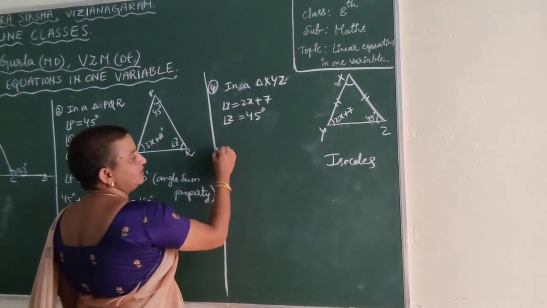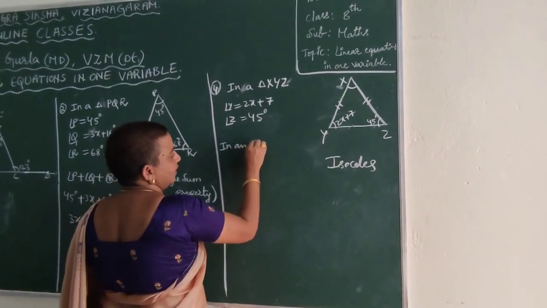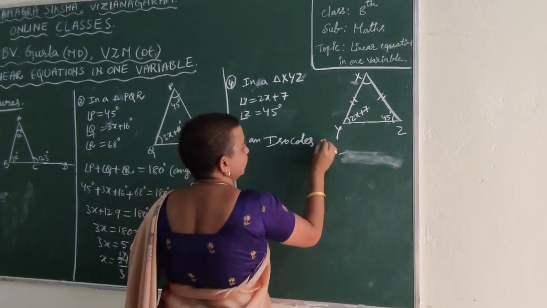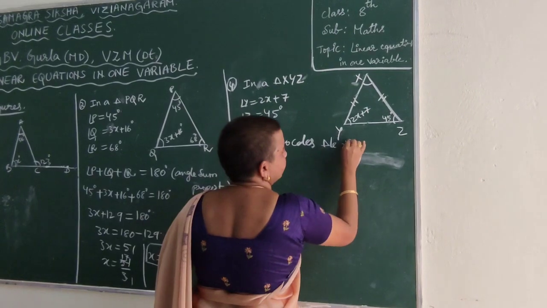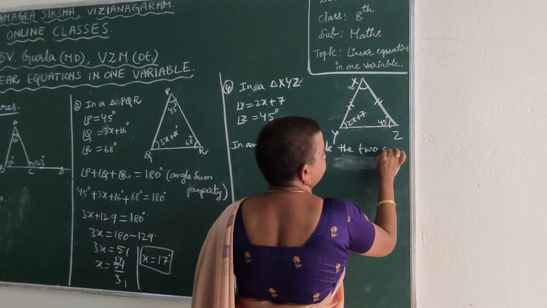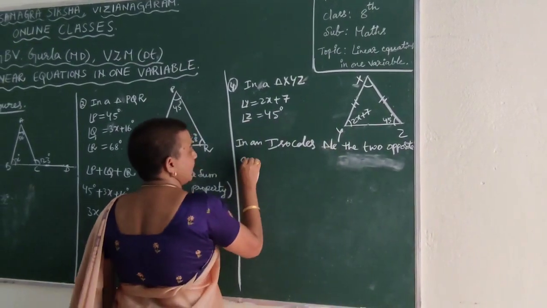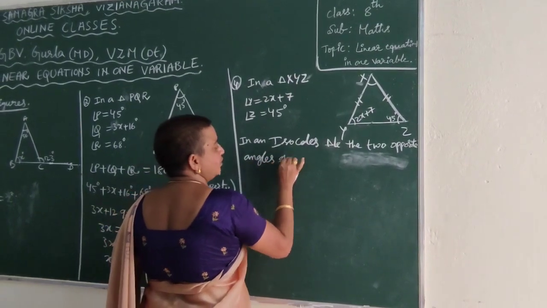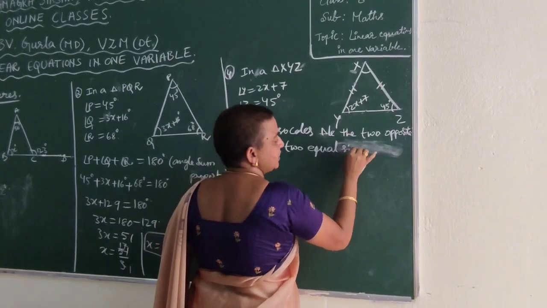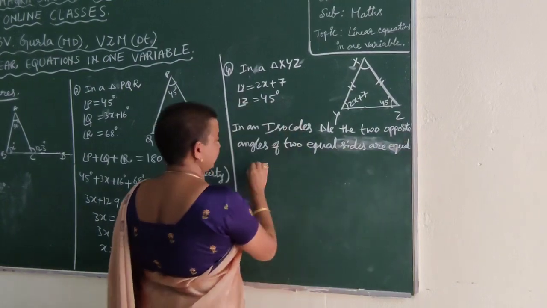Okay, so here we can write: in an isosceles triangle, the opposite angles of two equal sides are equal.